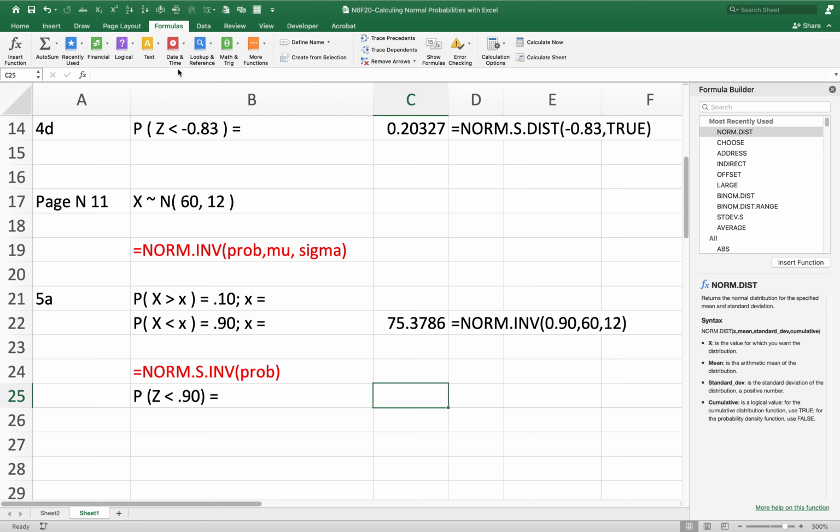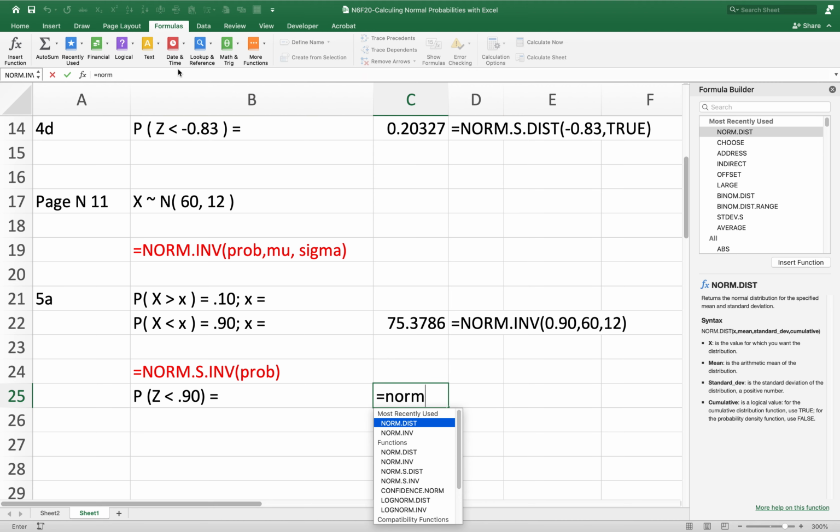Let's just take a look at that. That would be a NORM.S.INV. And all it asks you for is a probability. That's all it is. So you just put in 0.90. And remember, it's always from some point down. So if we want the upper 10%, that means the lower 90%.